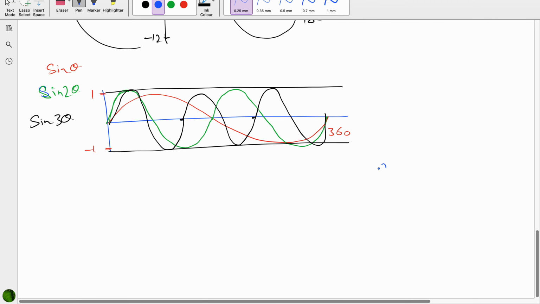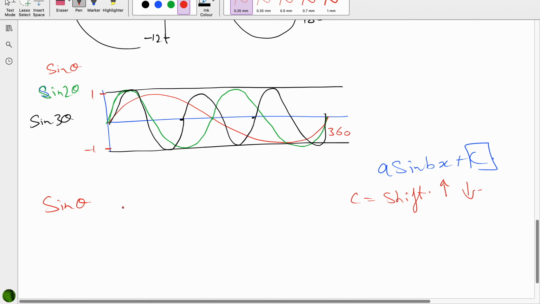Bringing in C, a sin(bx) plus c. Now C is basically the shift. It takes the graph upwards or downwards depending upon the sign. So if we have sine theta, the graph appears like this, ends at 360 between 1 and -1.